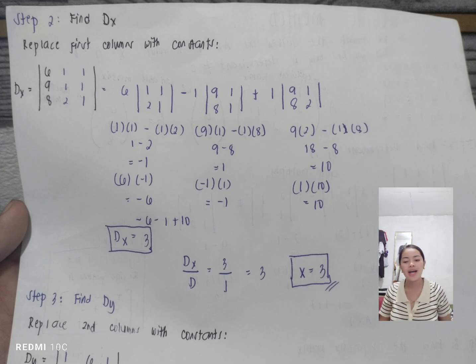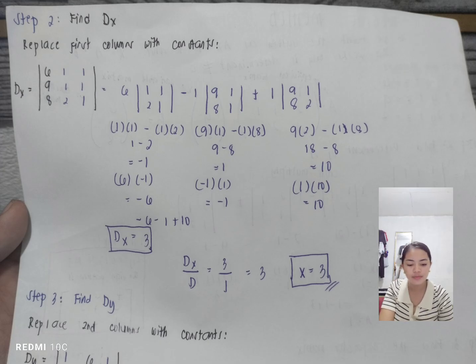So now we have here 6, 9, 8, 1, 1, 1, 1, and 2, 1. The same process goes to this part. You just need to cross multiply, and after getting the answer, you need to multiply the answer into the outside number. So for dx, we have here 3.